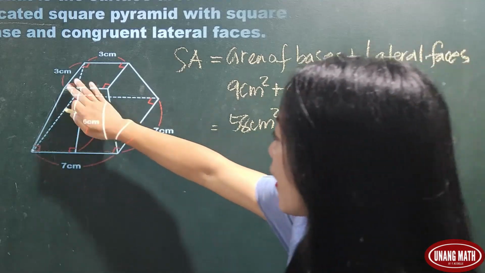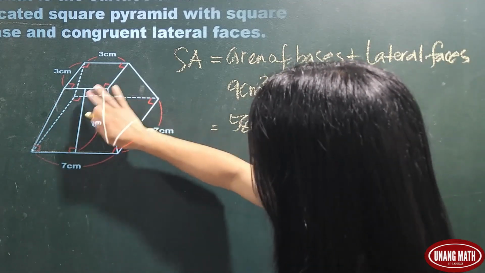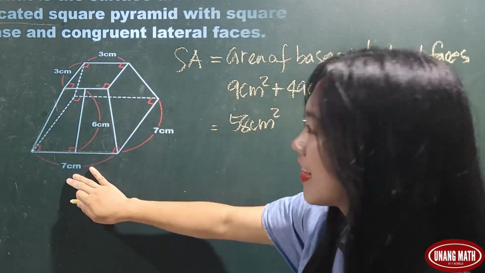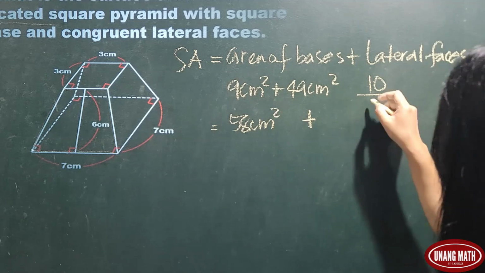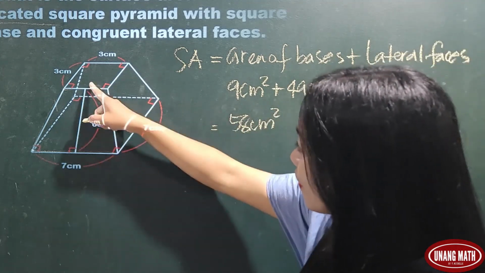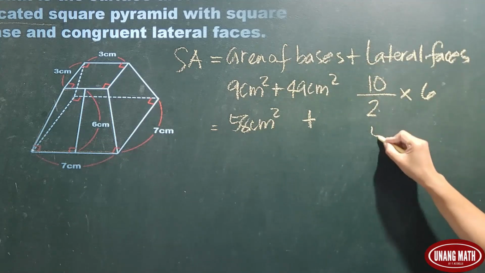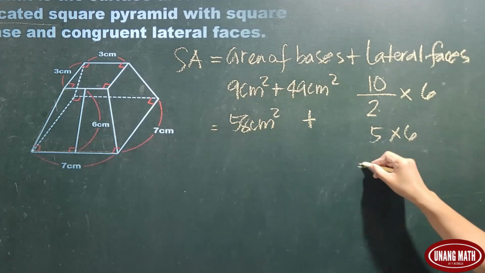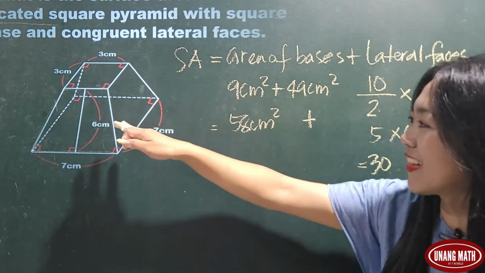To find the area of one trapezoid, this side, 3 plus 7, is equal to 10. We divide this by 2 and multiply by the height of this trapezoid, which is 6. So this is 5 times 6, which is equal to 30. So 30 square centimeters for one lateral face.